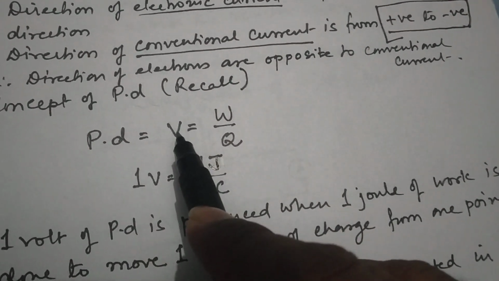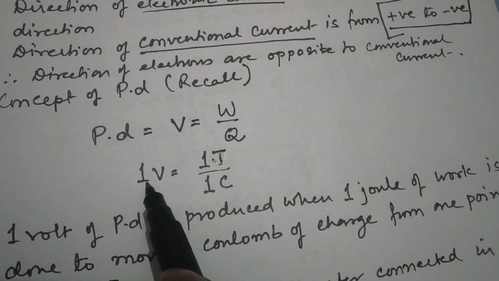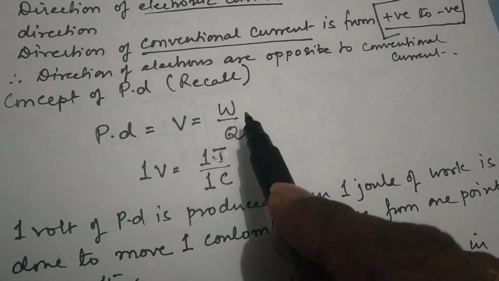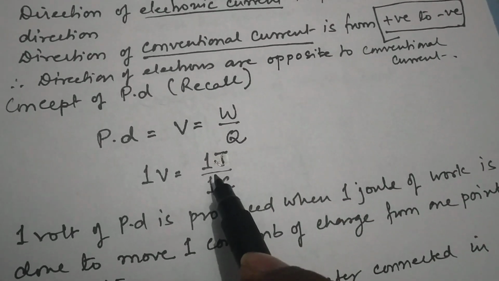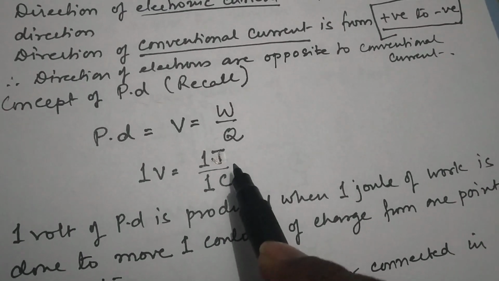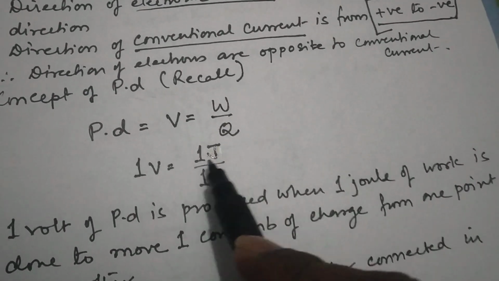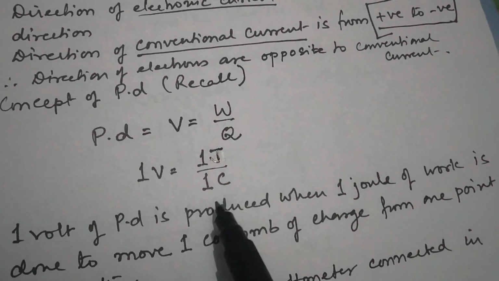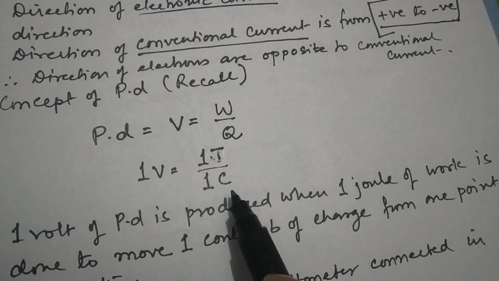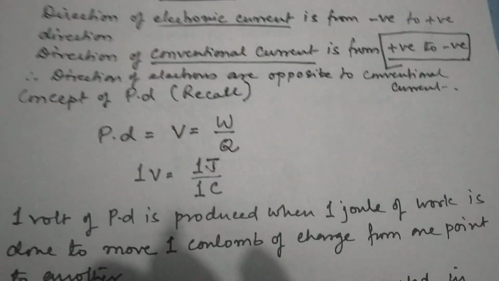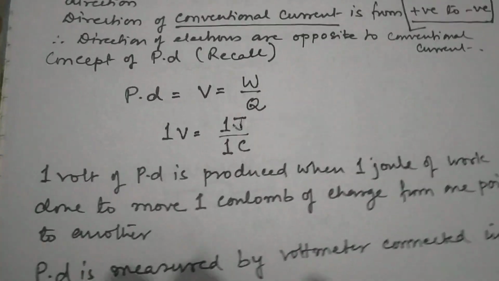So PD is given the value of 1 volt here. Work is given as 1 joule, because work is measured in joule, so we are putting 1 joule, and charge is measured in coulomb, so we are putting 1 coulomb, right?